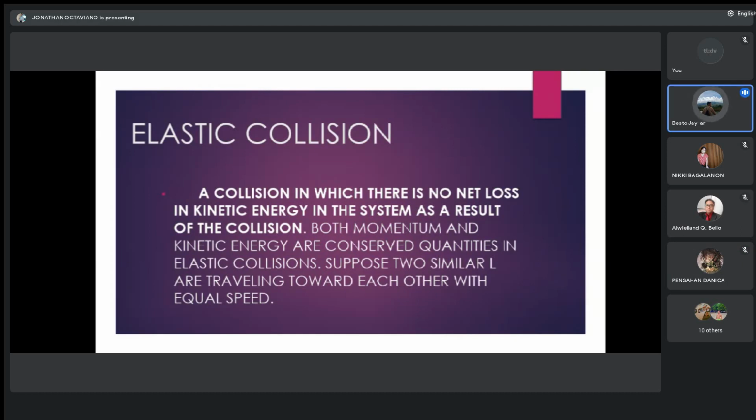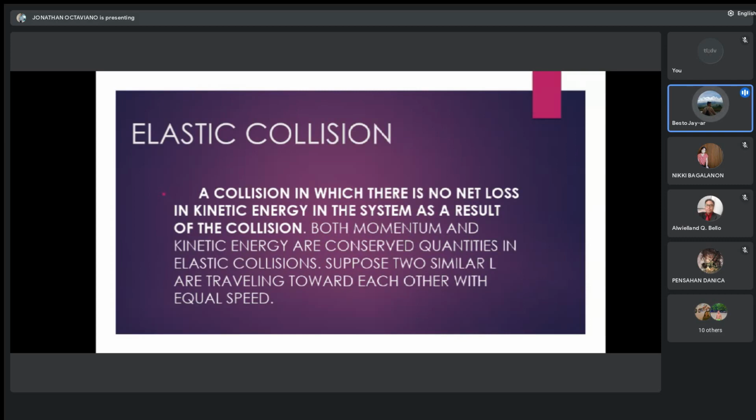So, good afternoon once again. The first type of collision is elastic collision. It is a collision in which there is no net loss in kinetic energy in the system as a result of the collision. Both momentum and kinetic energy are conserved quantities in elastic collisions. Suppose two similar objects are traveling toward each other with equal speed.